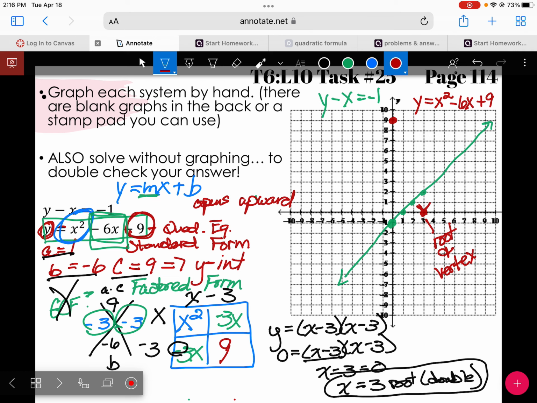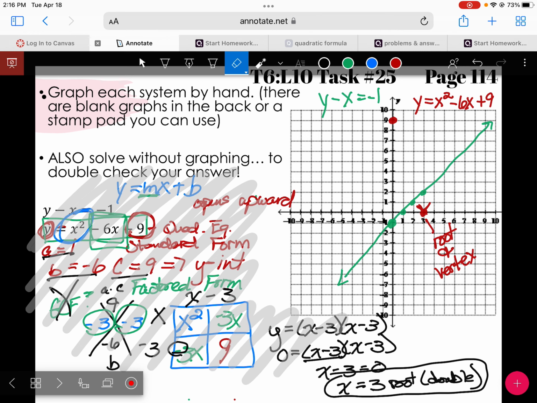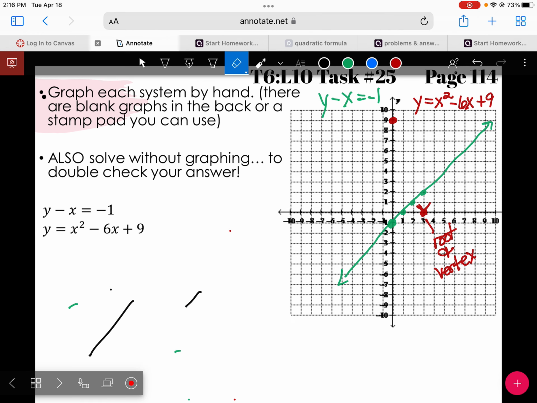Okay, so there's that. Well, vertex form isn't going to help me because we already have our vertex form. We already did standard and we got factored, but we need a few more points. So what should I do? Gonna have to use a table.